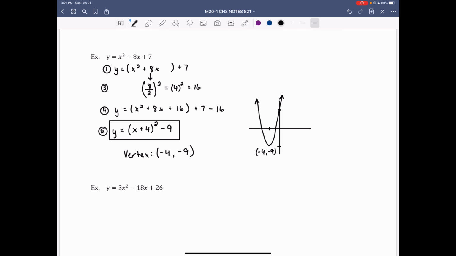So there's a quick sketch of our function, and we can see that our vertex is in quadrant 3. This is quadrant 1, quadrant 2, quadrant 3, and quadrant 4. So this vertex is in quadrant 3.